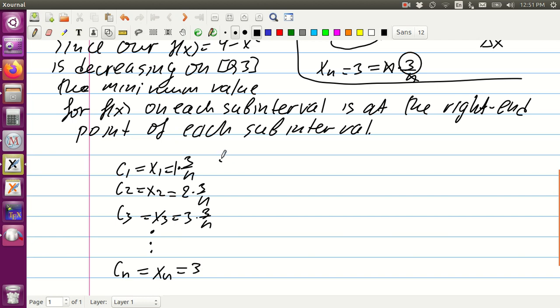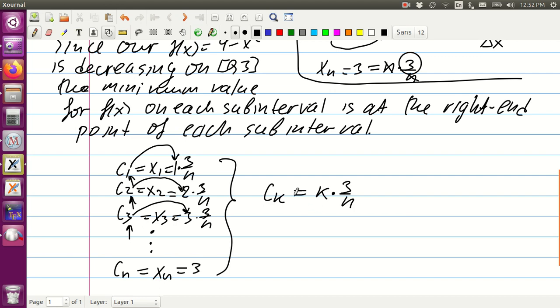Okay, so question is, can I write the formula for c sub k? If I change the index 1, 2, 3 by k, do I see the formula? We already figured out that 1 will match up with 1, 2 will match up with 2, 3 will match up with 3. So I can say k times 3 over n.